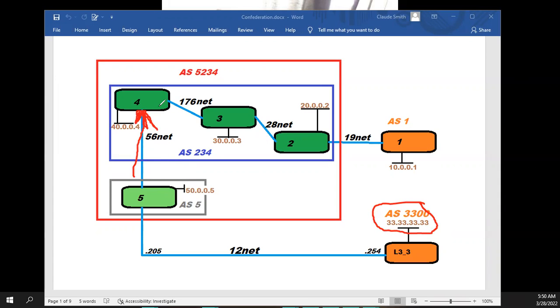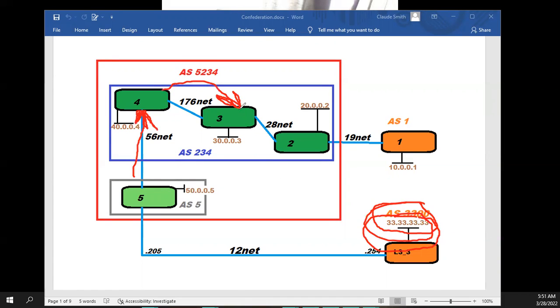And 4 turns around and says, okay, I now know about autonomous system 3300 and its network 33.33. It learned that from an internal speaker, number 5. But guess what? It cannot send it to number 3. So therefore, number 3 is left in the cold about the information on 33.33.33.